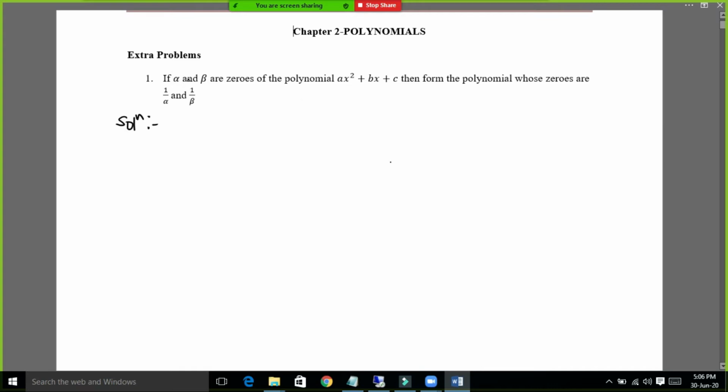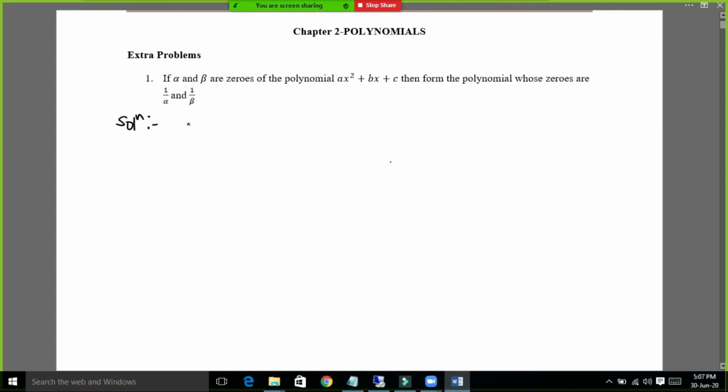So in this problem, from the quadratic polynomial we have to find the product and sum of the zeros, and after that, using these values, we have to calculate the values for 1 by alpha and 1 by beta.